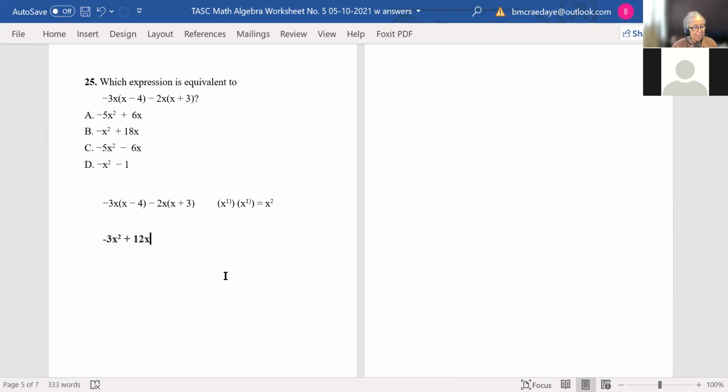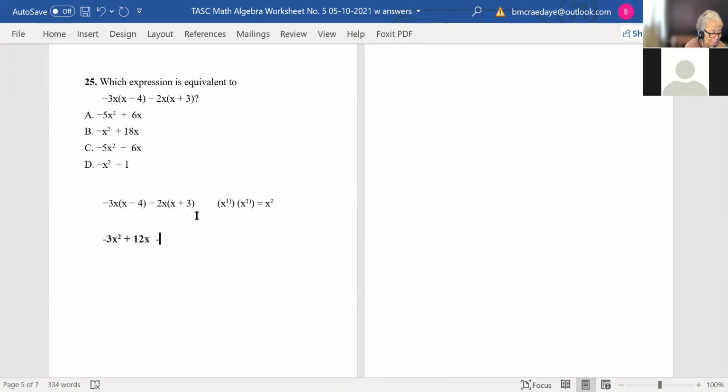We got to do the next parenthesis. You do the parenthesis first. Okay. So what's a minus 2x times x? Minus 2x. What about the powers? The power of 2.